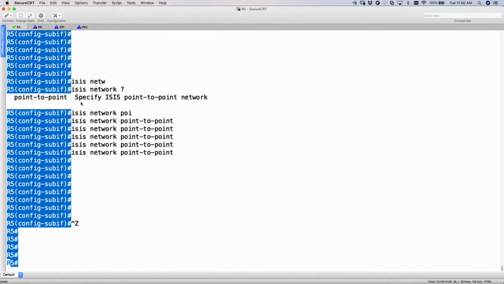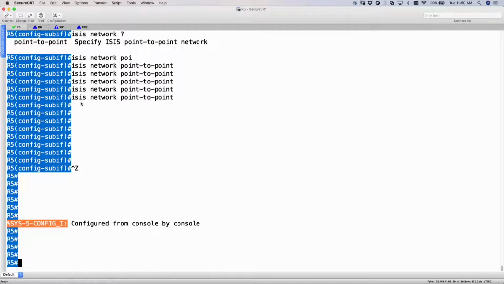The minute I change this, it's going to affect my adjacency because, like I said earlier, you cannot have point-to-point and broadcast establishing ISIS adjacency.